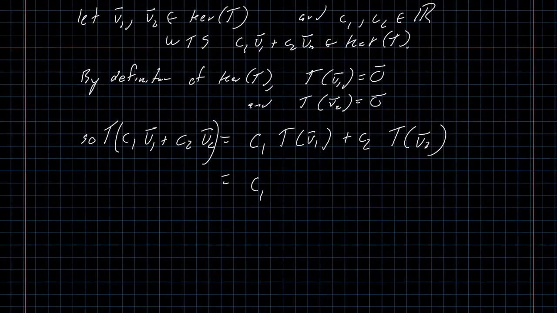And T of V1 is 0. T of V2 is 0. 0 times a constant is 0. 0 plus 0 is 0.